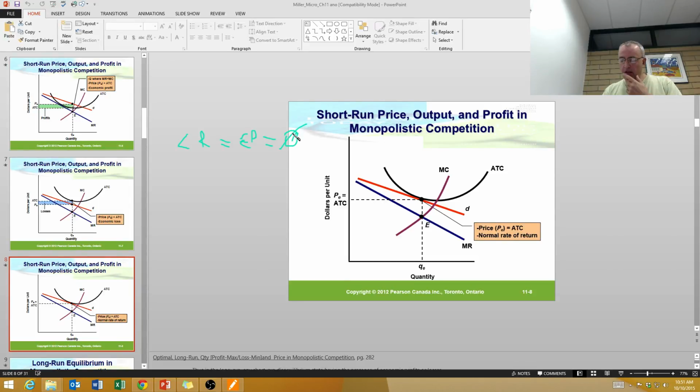The same way that happens in perfect competition. In perfect competition, economic profits are zero as well in the long run. Okay, so we're going to see the same thing again on this next little diagram.